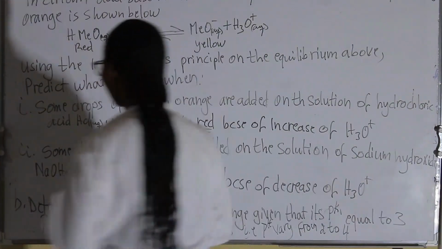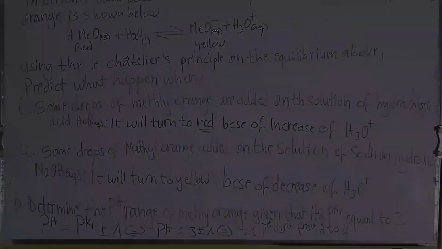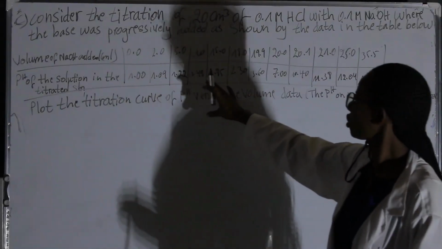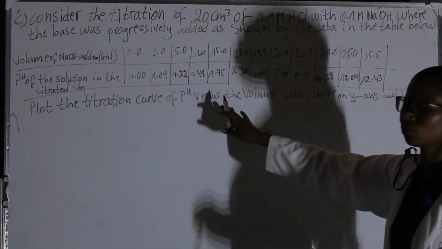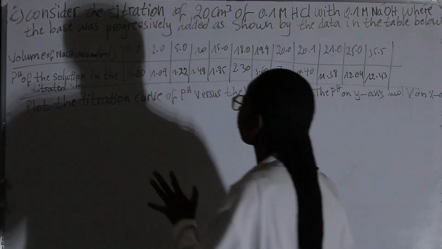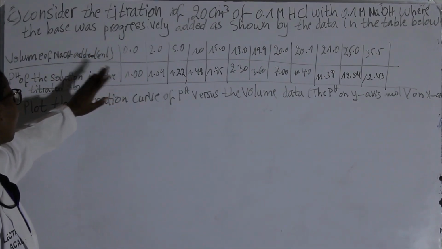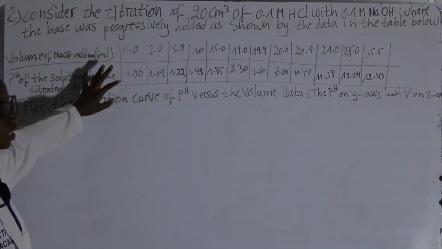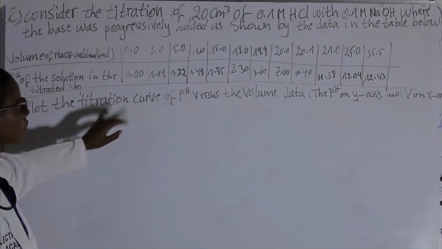Let's move to the last sub-question of this question 20. We are asked to plot the titration curve of pH versus volume. We are given the volume of sodium hydroxide added in milliliters and the pH of the solution.